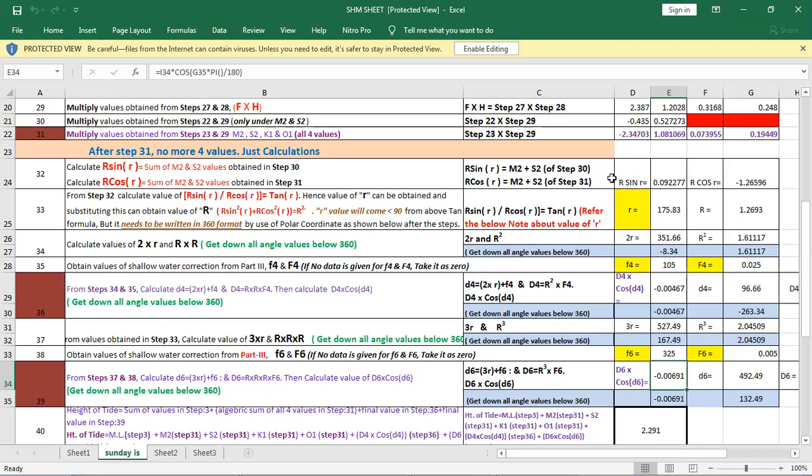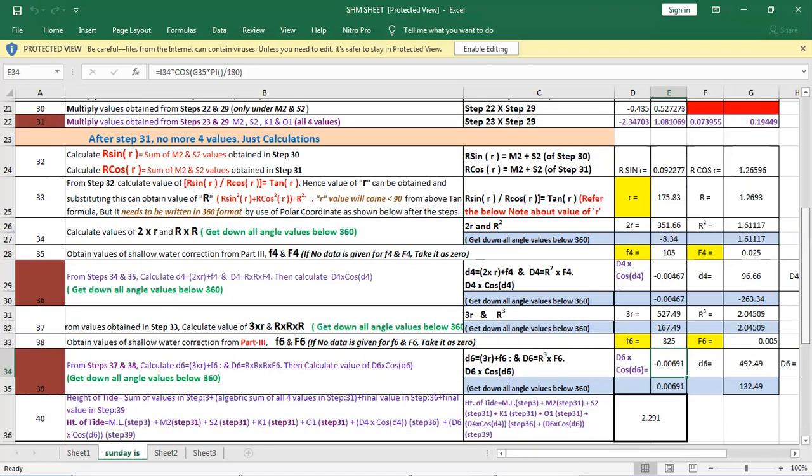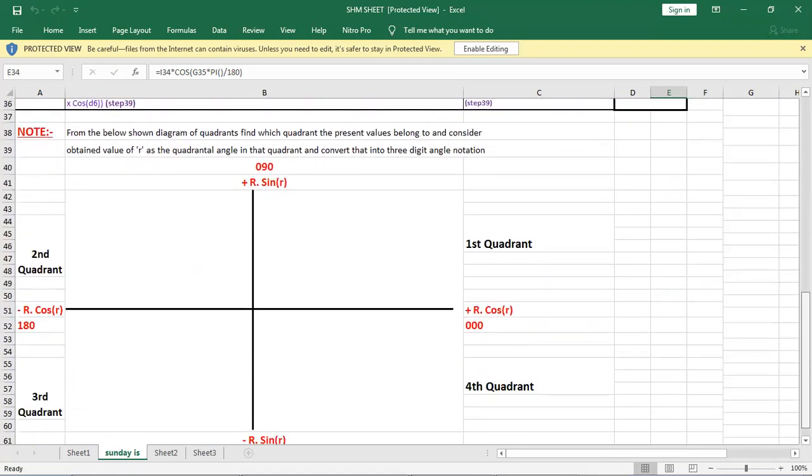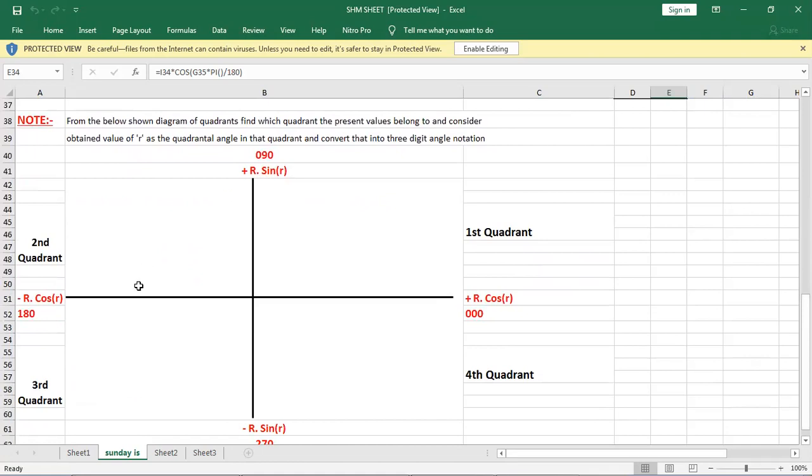So it will depend on this. You can find out which one: r sin r is positive, r cos r is negative. Here in this, r sin r is positive, r cos r is negative, so it will come in the second quadrant.